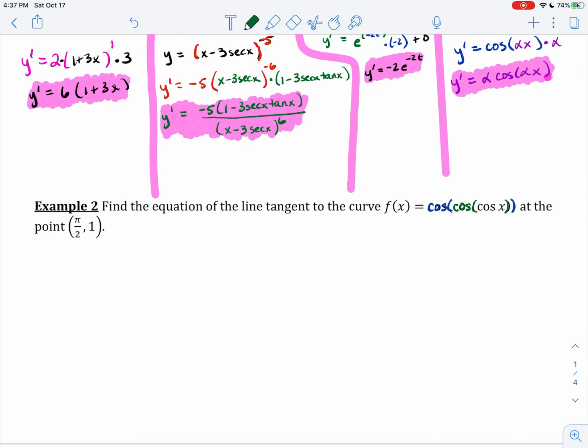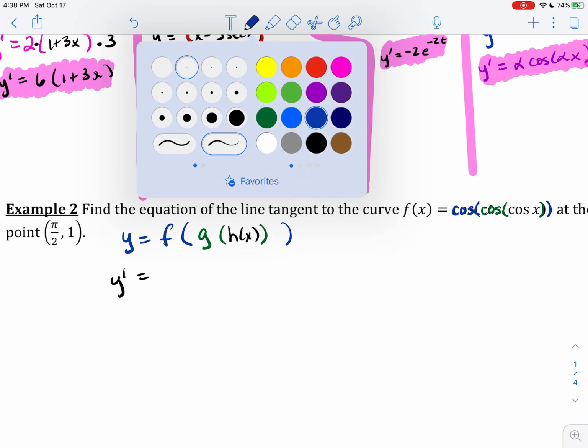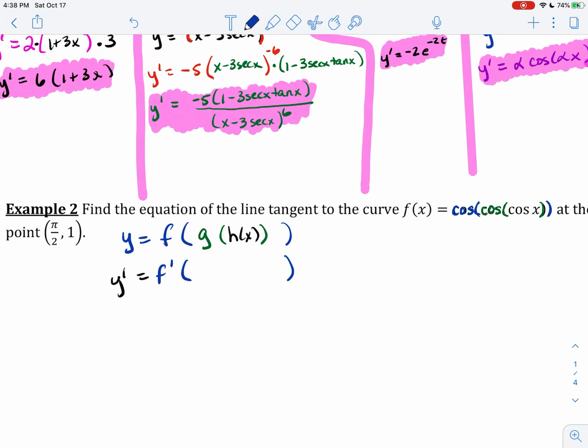And so we want to, just as an example or as a rule, if we've got y equal to f of g of h of x, then our y prime is going to be the derivative of the outside evaluated at the inside, but then times the derivative of the inside, and the derivative of the inside is going to be the derivative of that outside, evaluated at that inside, but then times the derivative of the inside, right?